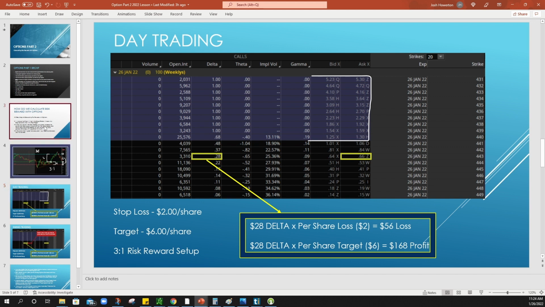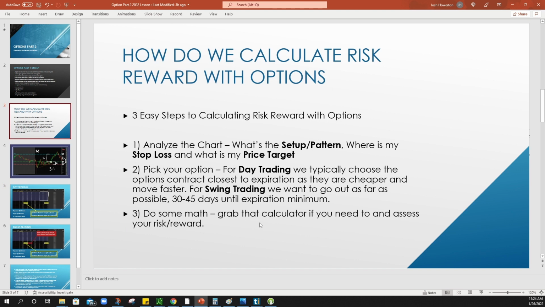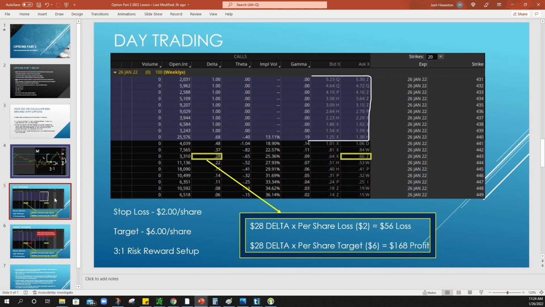This is when, team, you grab that calculator if you need to and do a little bit of math. So we have a $28 delta times the per share loss of $2. $28 per dollar move, but our stop loss is $2. So it's going to be 28 times the per share loss.